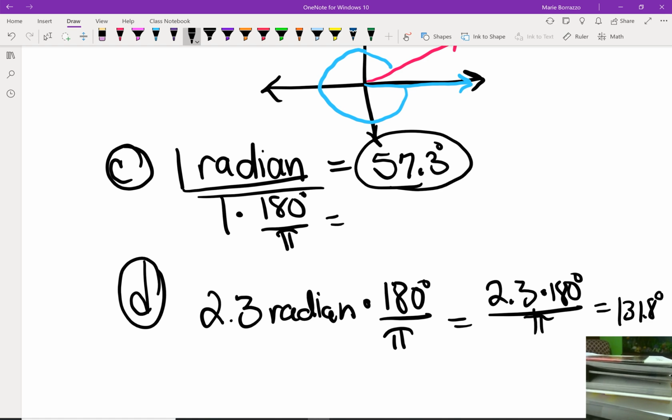So that's examples 1, 2, and 3 in a nutshell. The next example is simply discussing drawing angles in standard position. Prior to that, they do talk about what 1 revolution looks like, what two revolutions look like, and so on.